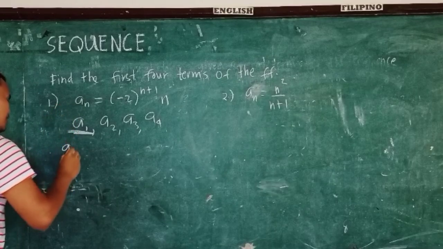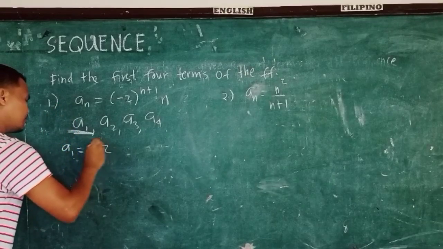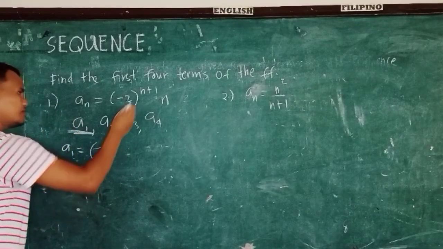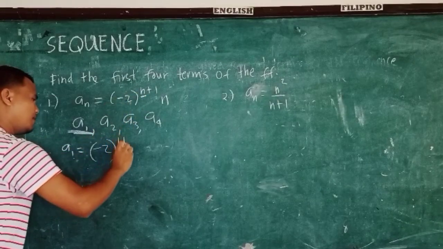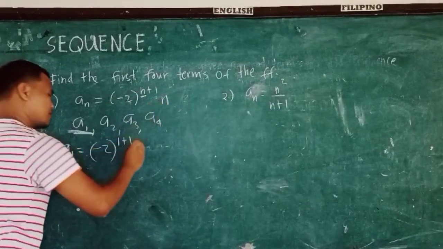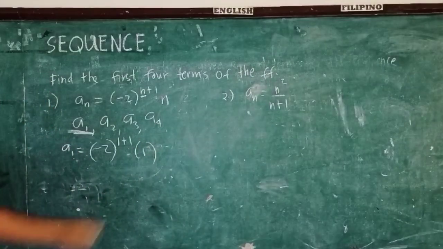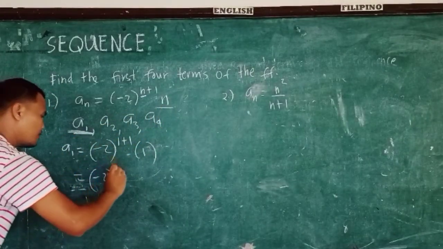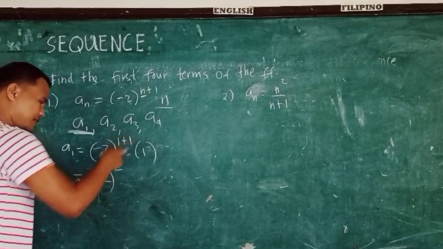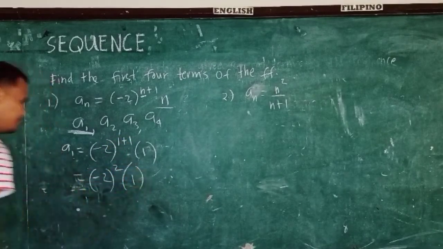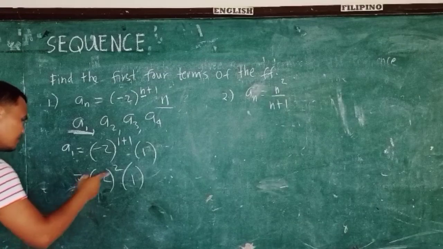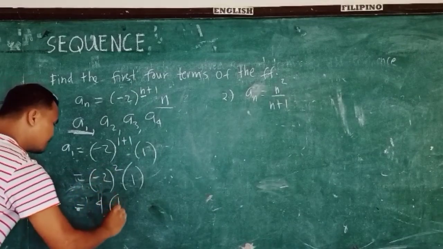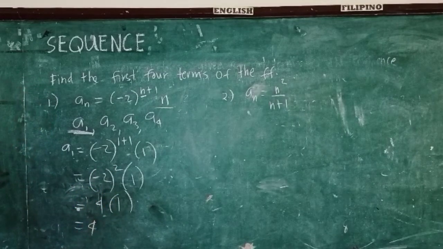So a sub 1 equals negative 2 raised to the power of, since our n is 1, 1 plus 1 times 1. Then we have negative 2 raised to the power of 2, because 1 plus 1 is 2, times 1. Then, negative 2 squared is 4 times 1, the result is 4.